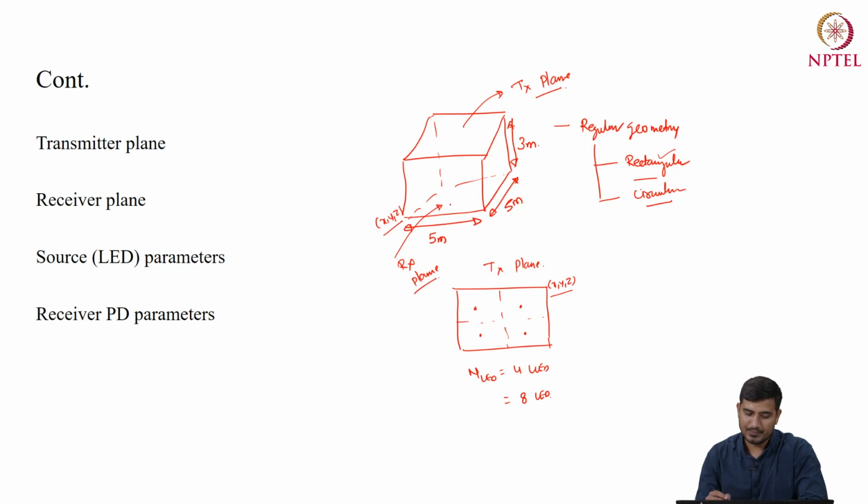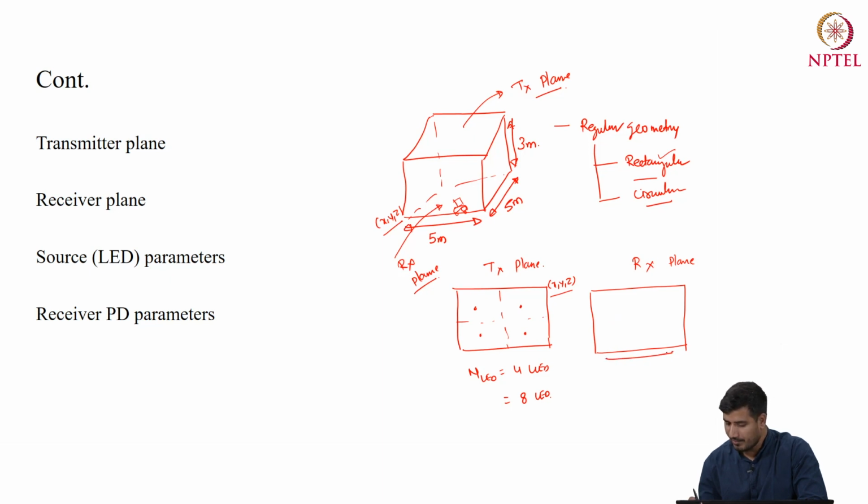Now how do we simulate the receiver plane? In a practical environment, the movable PD can be anywhere inside the room. So in order to get the overall or average performance of the system, we study the received power with this PD across the whole room. To do so, we divide this whole floor, or you can say receiver plane, into a number of grids.